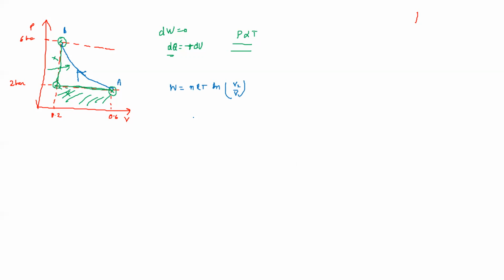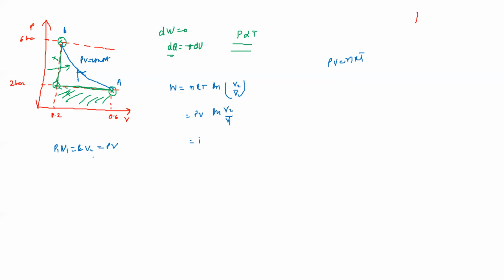Okay. So using the ideal gas equation, W is equal to nRT, which can also be written as PV. PV is equal to nRT. So W is PV ln V2 by V1. Now for an isothermal process, PV is constant. Therefore, we can write P1 V1 is equal to P2 V2 is equal to any general PV.